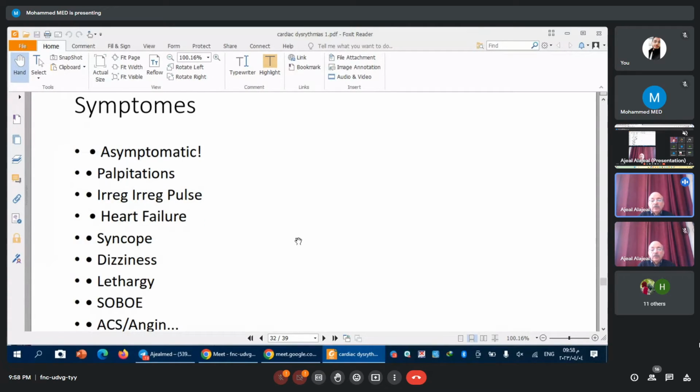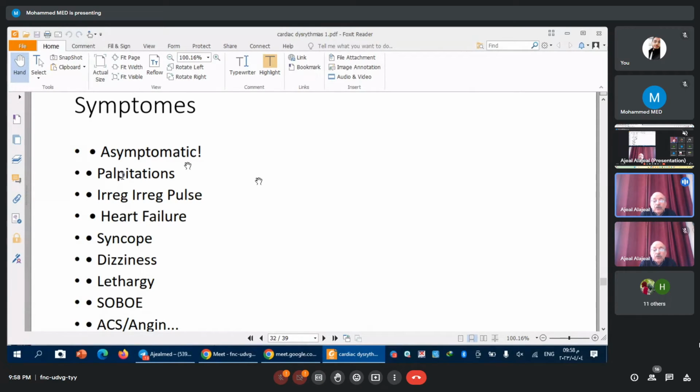What are the symptoms of AF? Often AF is asymptomatic. A patient comes for another reason and you feel the pulse, you listen to the heart and it's irregularly irregular. But sometimes the patient complains of palpitation, particularly at the onset, at the very beginning of AF. If the patient is intelligent, then he may tell you that his heart is irregularly beating.